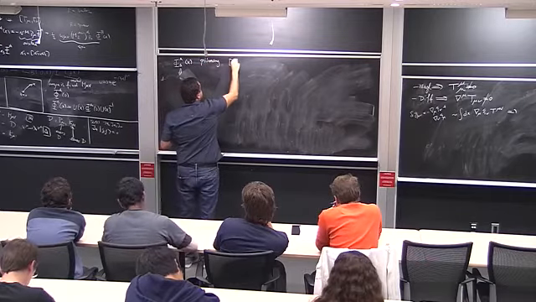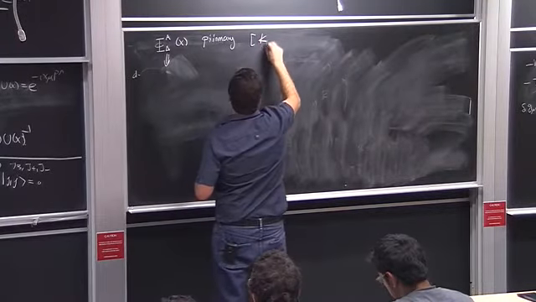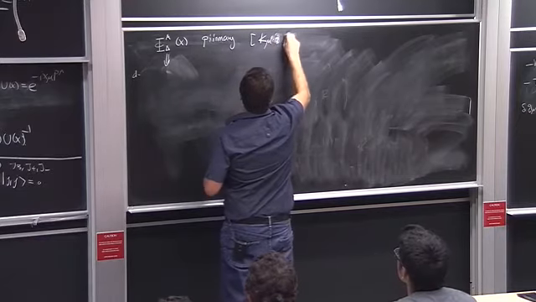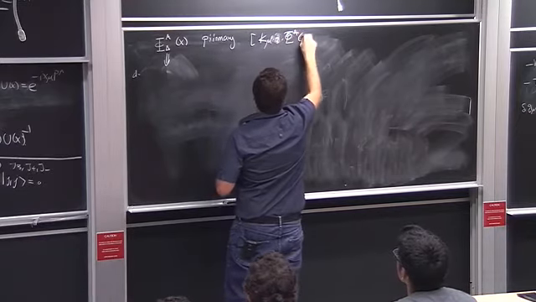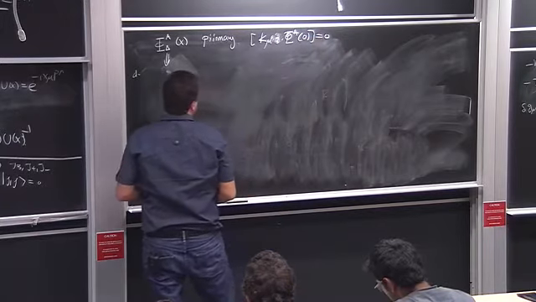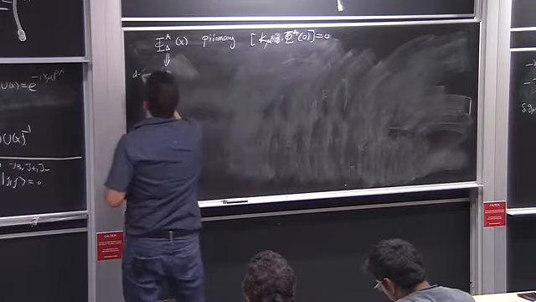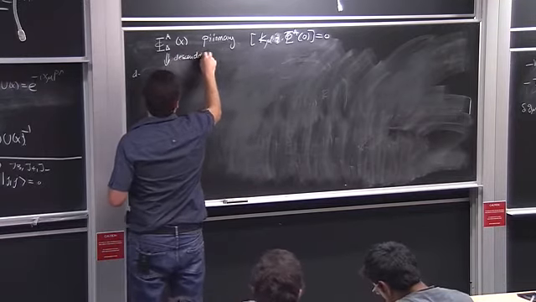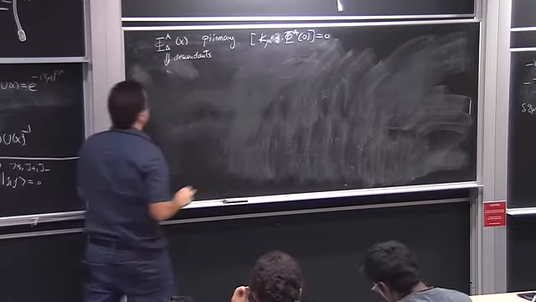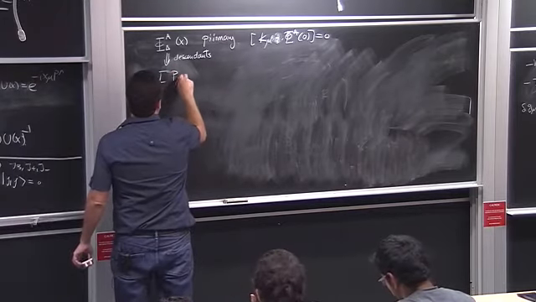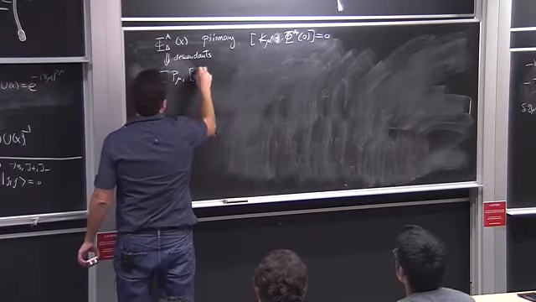The primary is an operator that's annihilated by K when the operator is at the origin. So this is the definition of a primary operator. The descendants are obtained by acting with a raising operator, an arbitrary number of times.